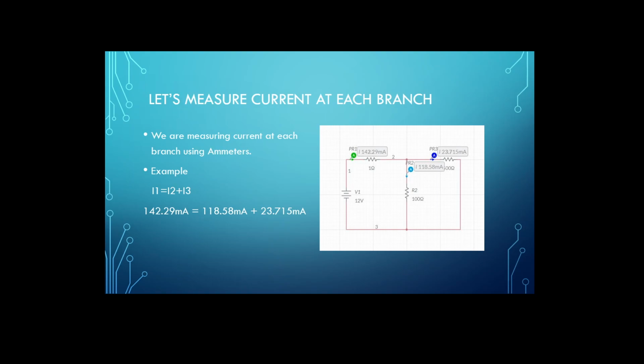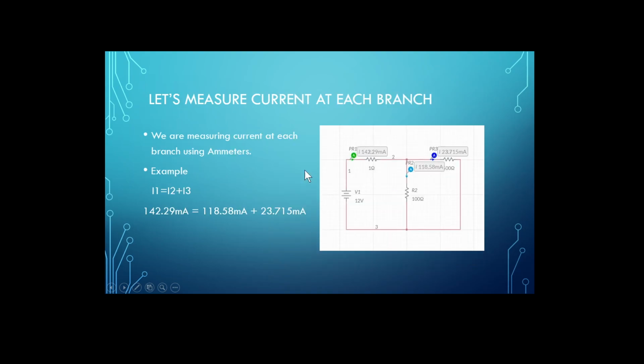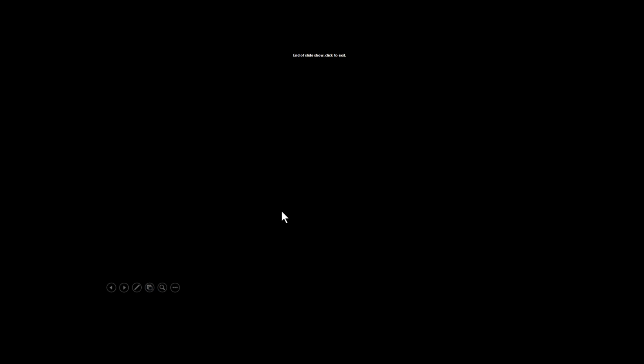Similarly with ammeter, you can measure the amount of currents flowing on some particular branches here, right? So in voltmeter, it will measure the voltage of a node, whereas ammeter will measure the current flowing on a branch, right? So okay, that's pretty much it.